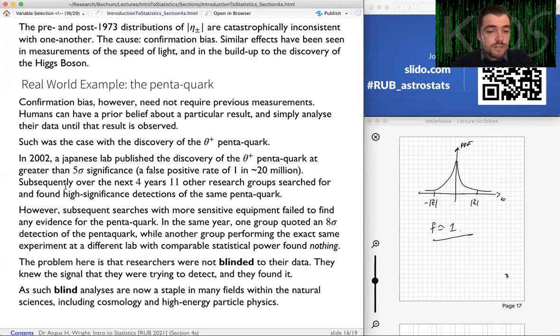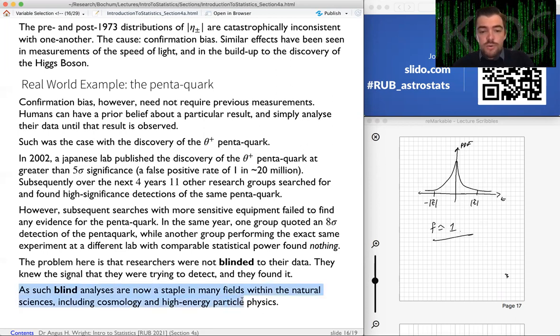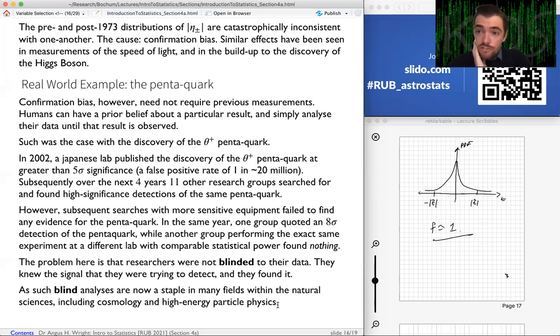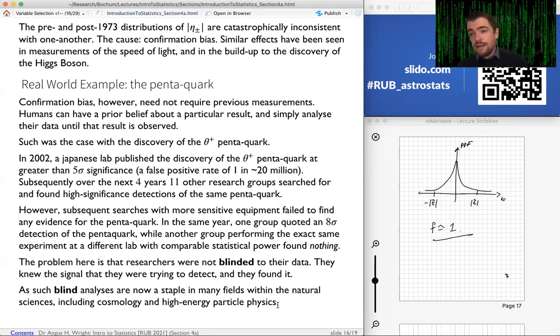particle physics literature. But the underlying fact is that if you are not blind to your data, if you are not blinded to your analysis, then you are very likely to run into problems with confirmation bias. As a result, lots of fields are working quite hard to ensure that analyses are done blinded.